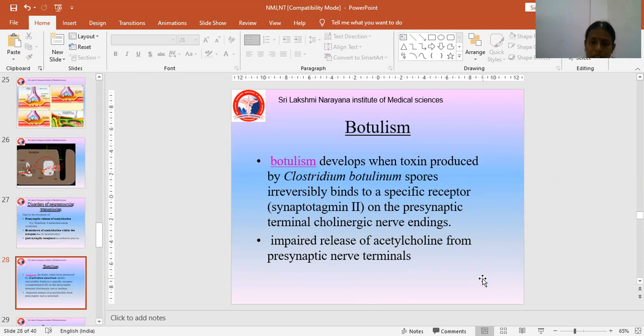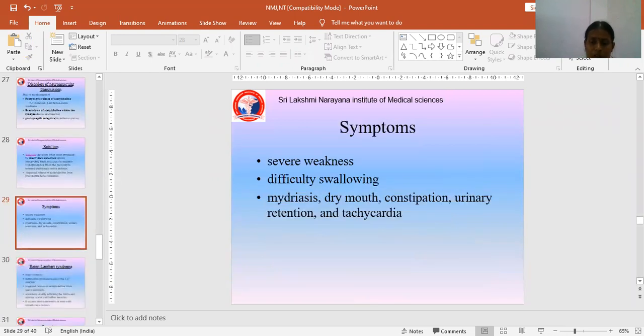Due to decreased release of acetylcholine, muscle contraction does not take place. The symptoms of botulism are severe weakness, difficulty in swallowing, mydriasis, dry mouth, constipation, urinary retention, and tachycardia.